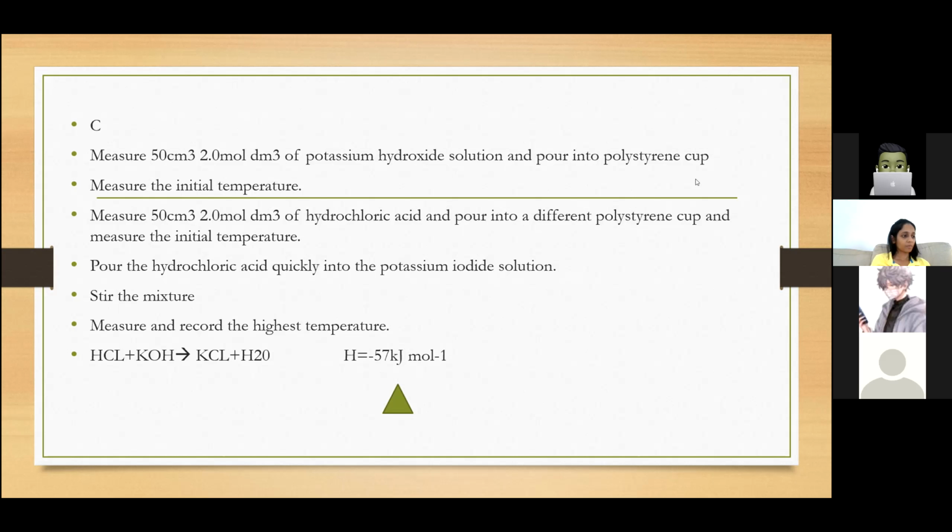Correct. So the thermochemical equation is HCl + KOH → KCl + H2O, and when they ask for the thermochemical equation, you must give ΔH = -57 kJ/mol. Must have the delta in front. Okay, carry on. Next slide.